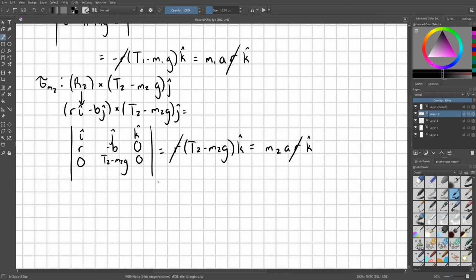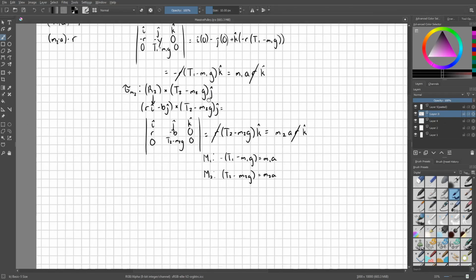So we have for M1 that negative T1 minus M1G equals M1A. For M2, we have that T2 minus M2G equals M2A.